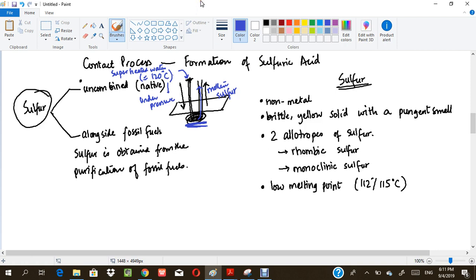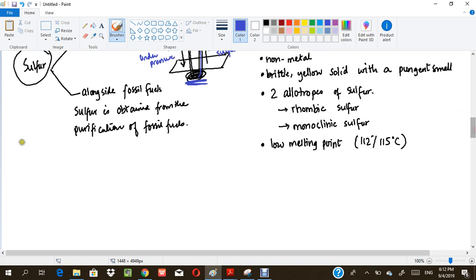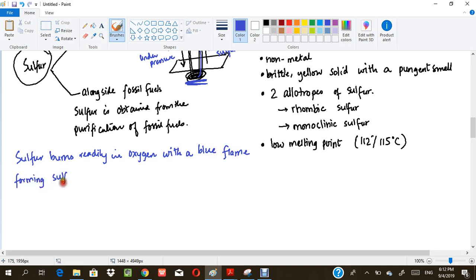Now, sulfur reacts readily with oxygen. It produces a blue flame when it burns in oxygen, and it produces sulfur dioxide gas. Right? So sulfur burns readily in oxygen with a blue flame, forming sulfur dioxide gas.